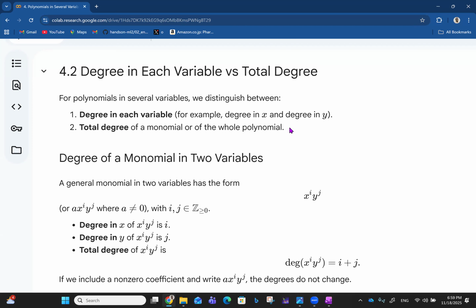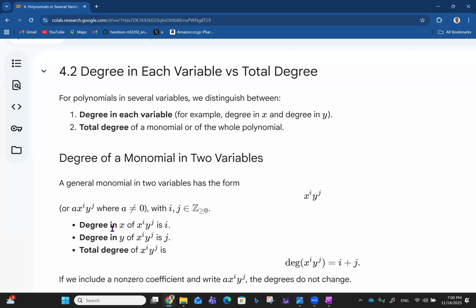Now the degree of a monomial in two variables: a general monomial has the form a times x raised to power i, y raised to power j, where a must not be zero, like we've always been saying, with i and j being non-negative integers, because i and j can be greater than or equal to 0.